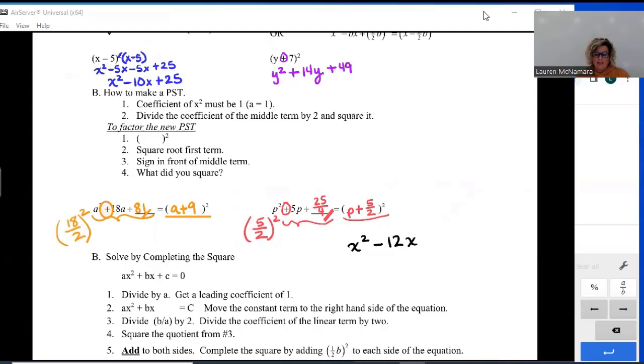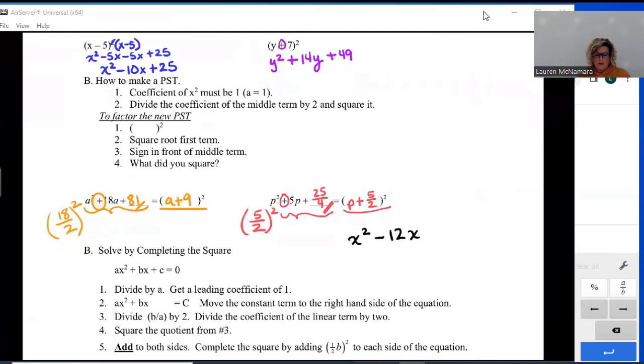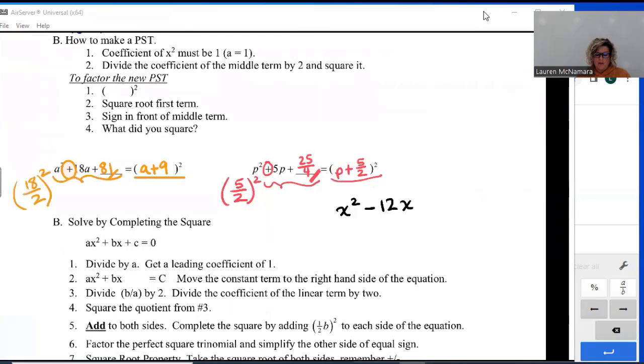I want to make that into a perfect square trinomial. So I'm going to look at the coefficient of my middle term, 12 divided by 2, 6, and square it. So what am I going to add here? I'm going to add 36.